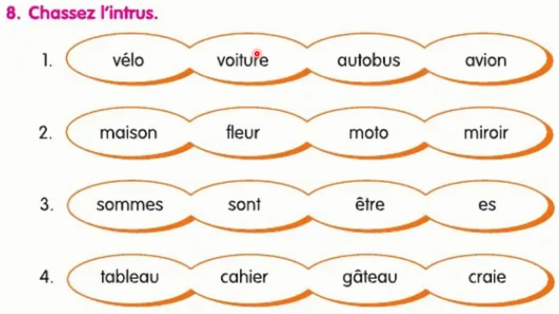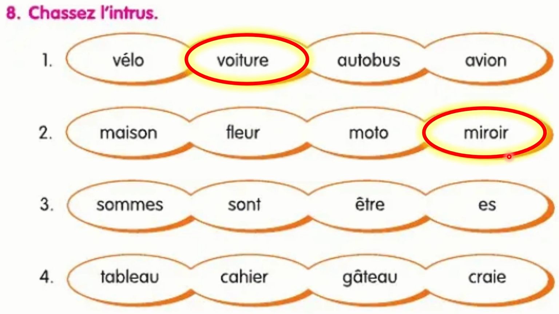So here the odd one out is voiture. That means a car. So why is that so? Because all of these are masculine words and voiture is the only feminine word. Now, another aspect of this question is that avion can also be the odd one out. Why is that so? Because it is the only air transport here. Now next we have maison, fleur, moteur, miroir.